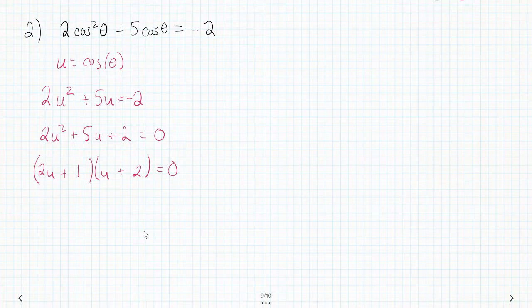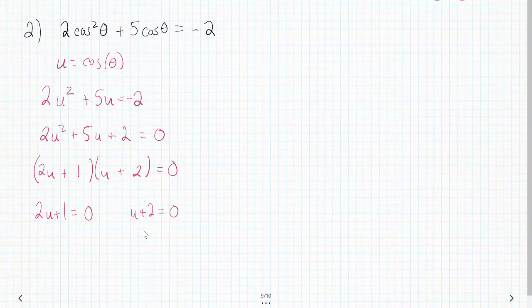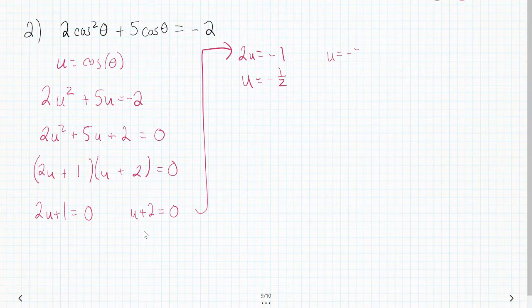Well, we can set each of these equal to 0. We'll do that way. So notice in this case, we have 2u equals -1, or u equals -1/2. In the other case, you have u equals -2.